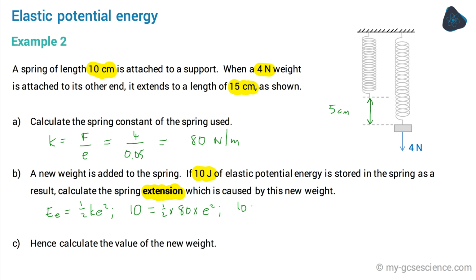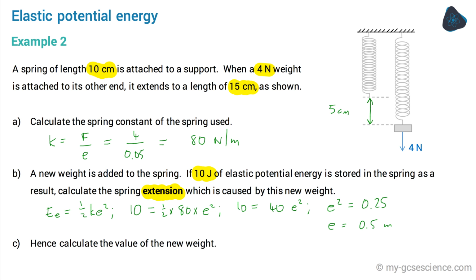Our next line then would read 10 equals 40 E squared. So dividing 10 by 40, that shows us that E squared is 0.25, and taking the square root, E is just 0.5 meters or 50 centimeters.